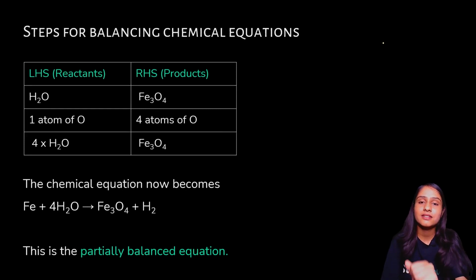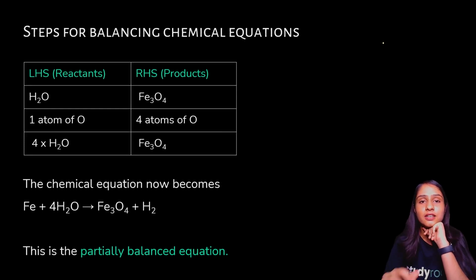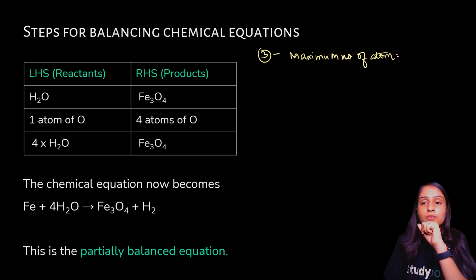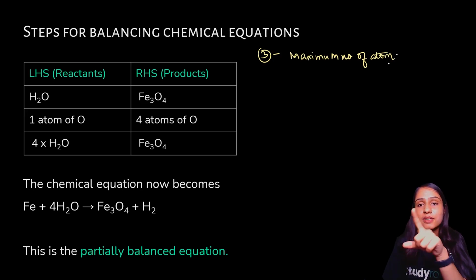The step for balancing the chemical equation here is, like in the third step what was written, that you need to see the maximum number of atoms of which element is present on the left hand side or right hand side.